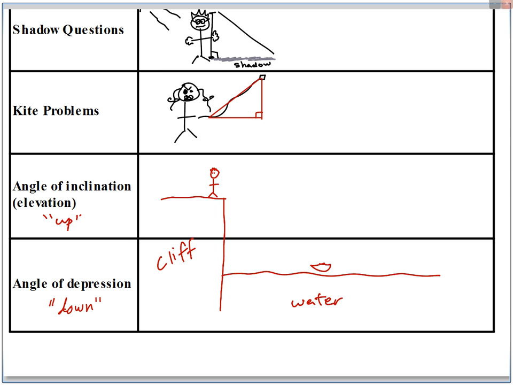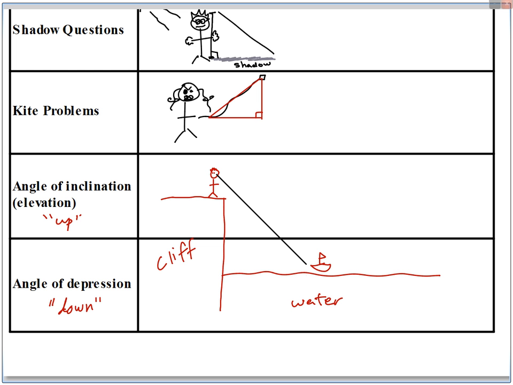There's a boat. When you're looking down at that boat, where's your line of sight? It's all about the line of sight. So just draw a line that connects the person's line of sight to the boat.